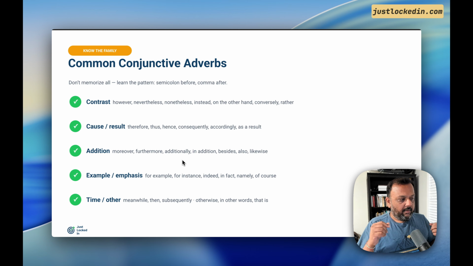We are very narrowly focused on the SAT, and this covers what you need to know to be able to join independent clauses. Now we'll jump straight to exercises, and we'll work a few examples that cover all of these different scenarios, both easy questions, hard questions, and questions of medium difficulty.